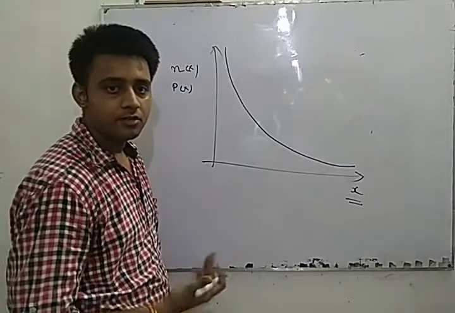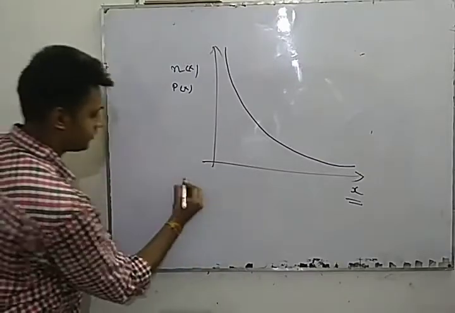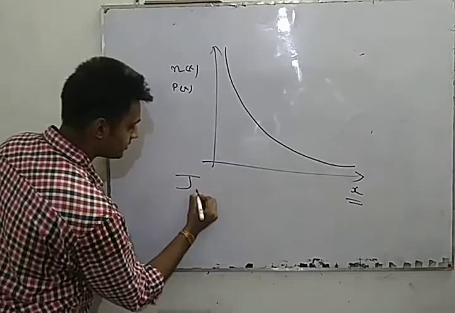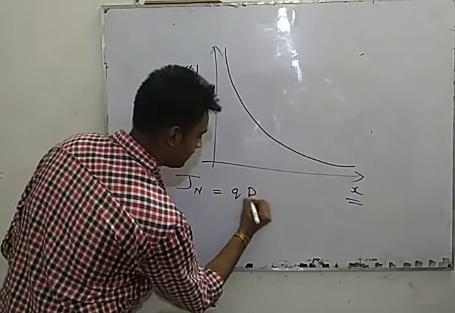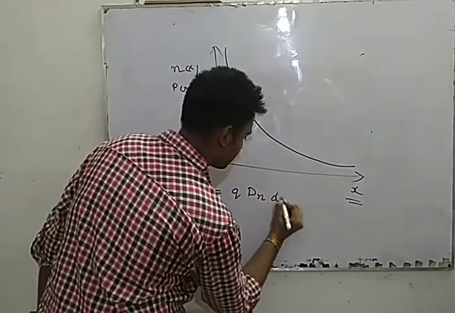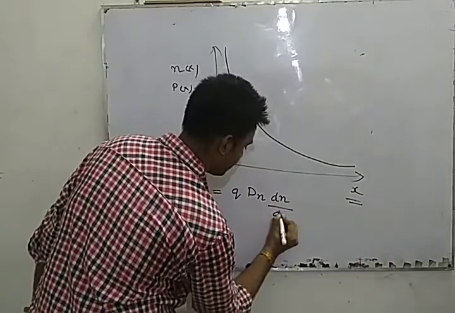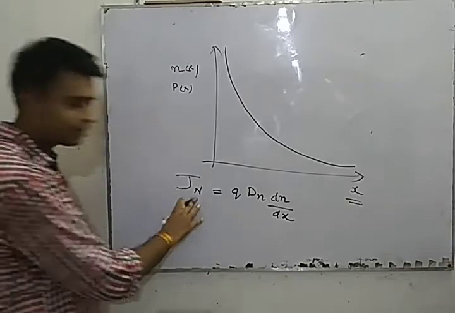So in this process, the current mainly flows due to the diffusion process. And the current equation is Jn equals Q Dn, where D is the diffusion constant, times the electron gradient dn/dx. That is the current due to the electron.